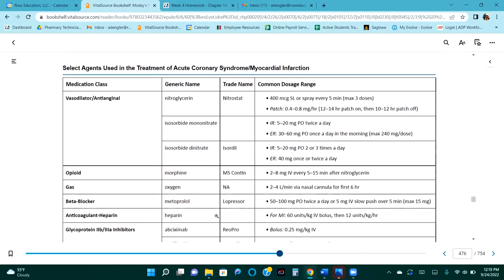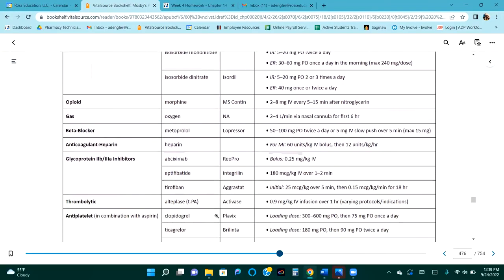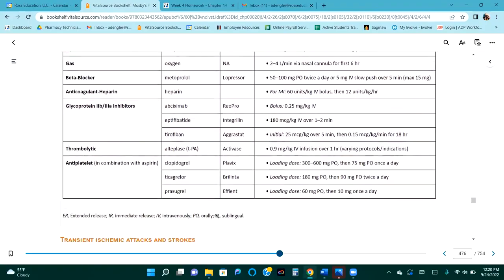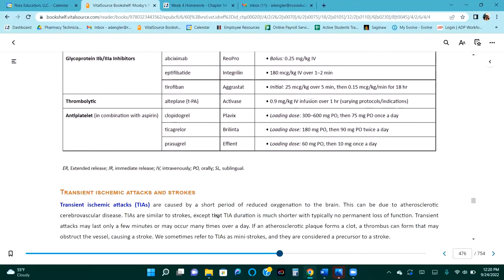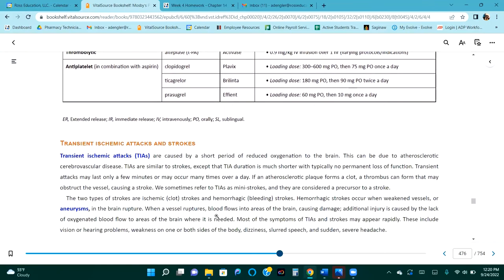Vasodilators and anti-anginal medications like nitroglycerin and isosorbide. We have opioid, morphine, gas, oxygen, beta blocker, metoprolol, anticoagulant, heparin, thrombolytic, alteplase, antiplatelet in combination with aspirin.